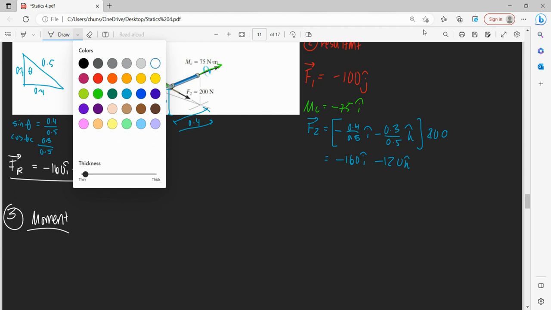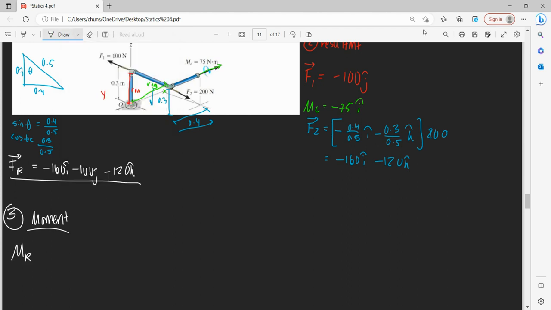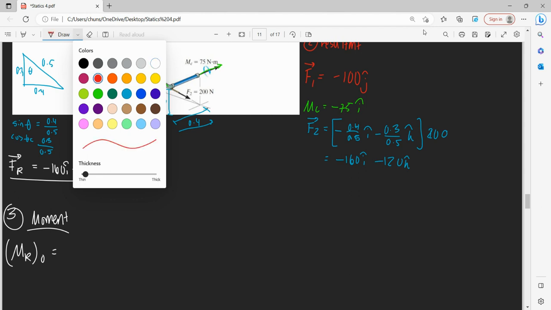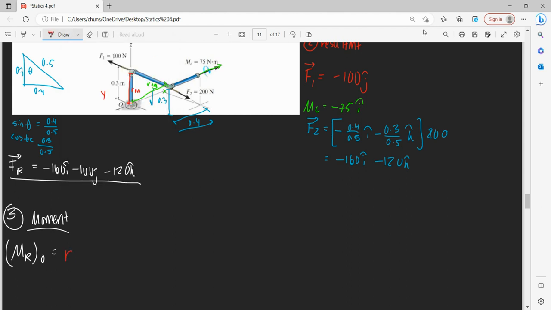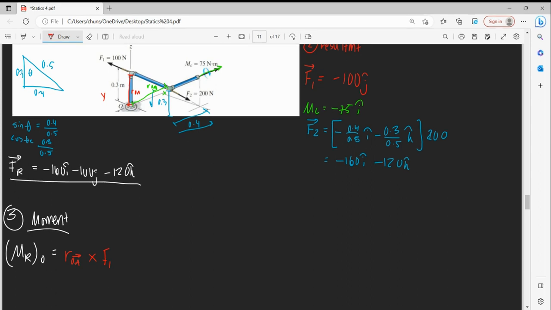So then our resultant at point O is going to be our OA cross our F1, and F1 is in a counterclockwise direction.